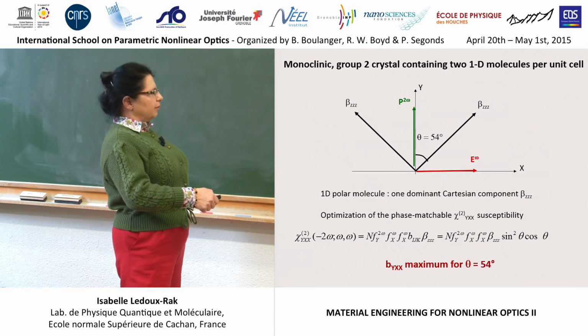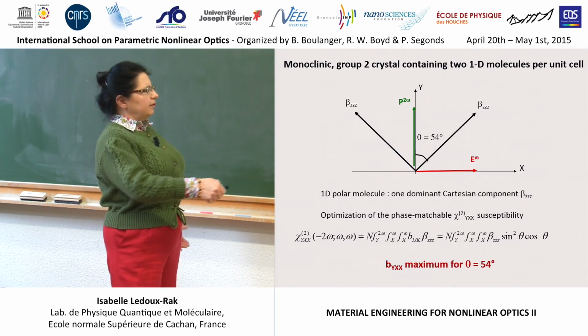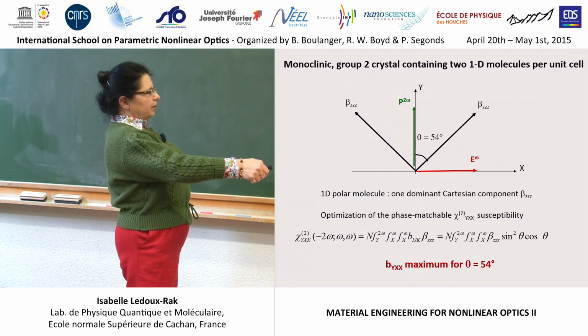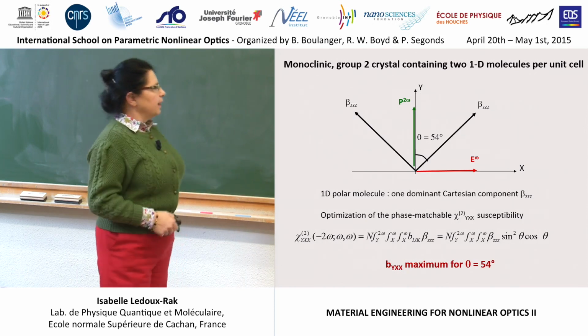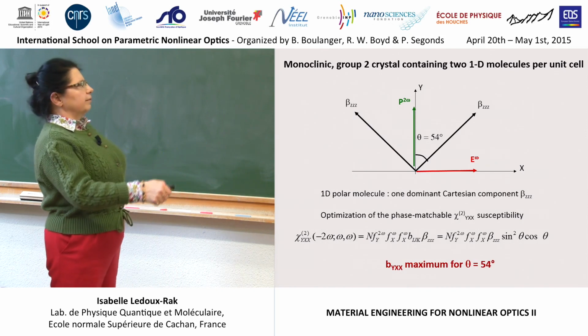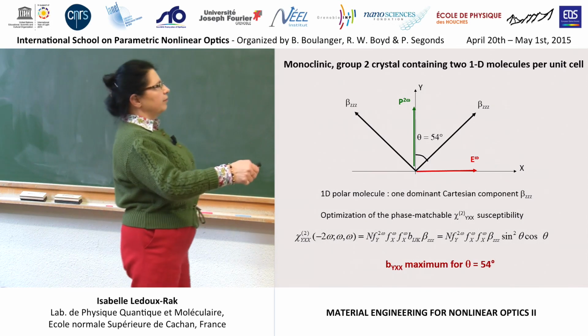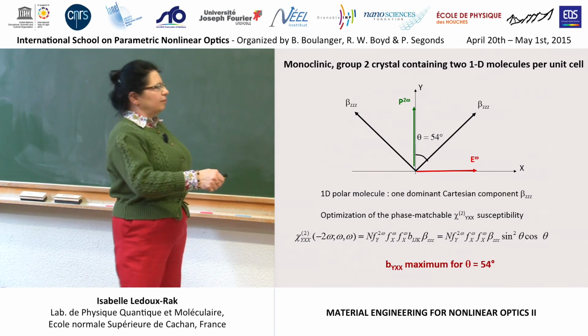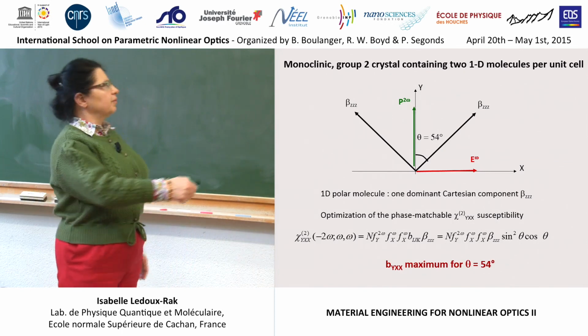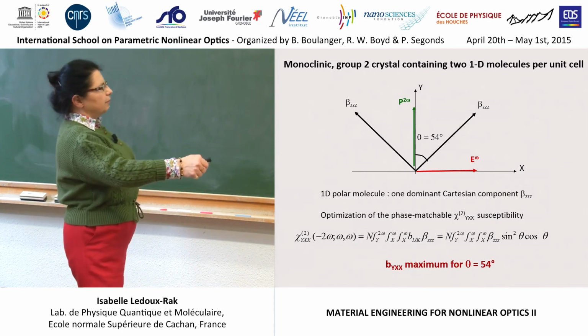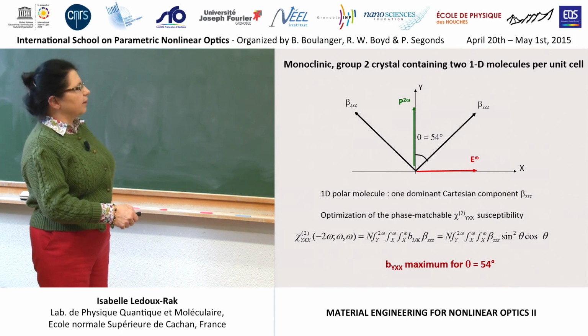And you recognize here you have two indices corresponding to E omega multiplied by E omega. And we want to measure the second harmonic along this vertical polarization, corresponding to P2 omega polarized along the y-axis here.